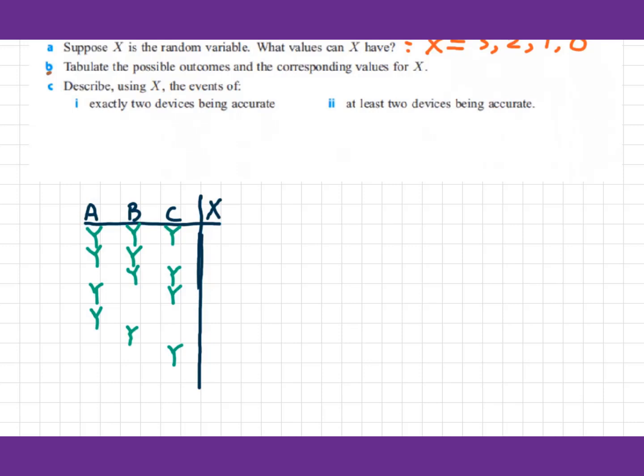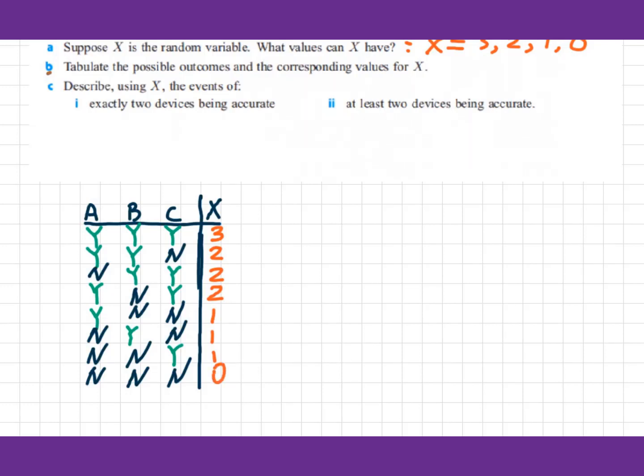None of them. Then we can write down N like this. For this value X, this is 3, 2, 2, 2, 1, 1, 1, 0.